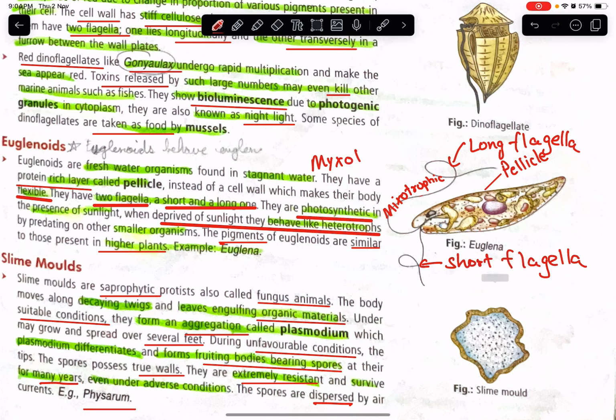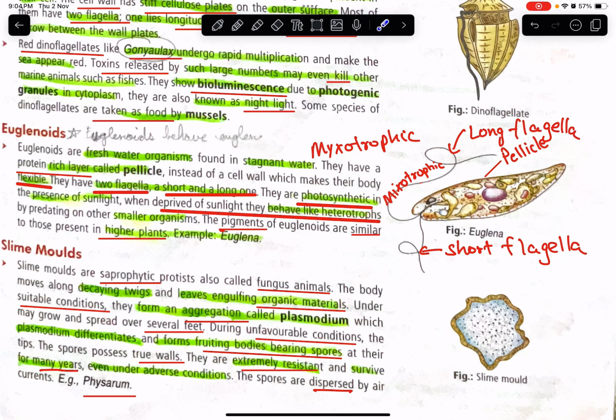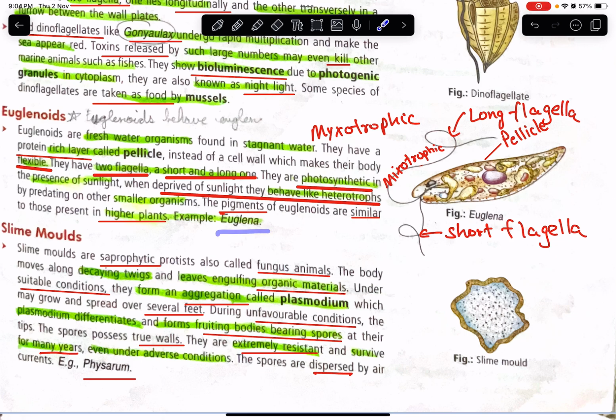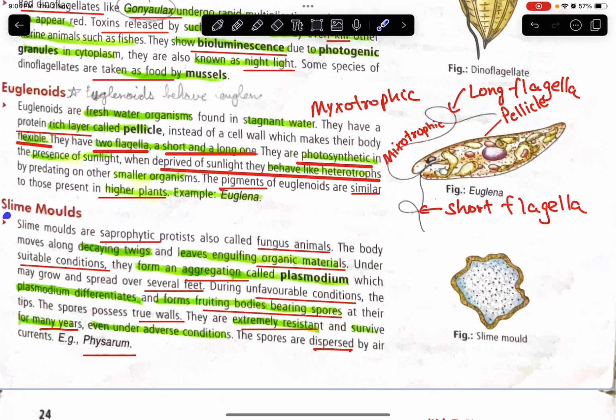They show mixotrophic nutrition. Why mixotrophic? Because they are both photosynthetic and heterotrophs also. The pigments of euglenoids are similar to those which are present in higher plants. Example is Euglena.